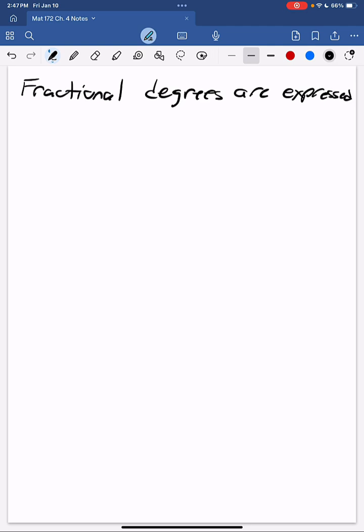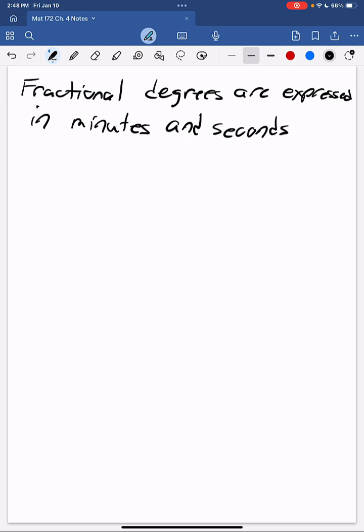So now to continue along with the idea of converting degrees, let's introduce fractional degrees. Maybe it's not a whole degree. Fractional degrees are expressed in minutes and seconds.